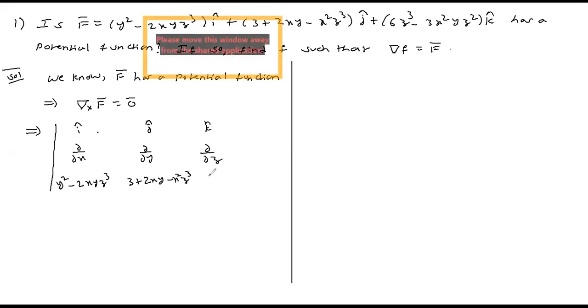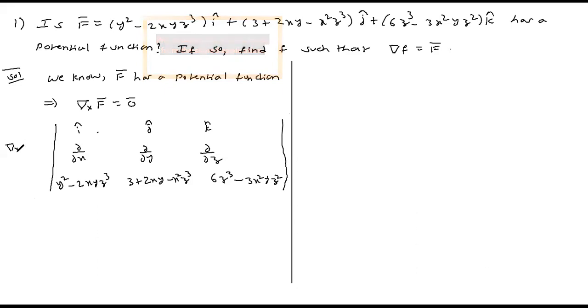Third component is 6z cube minus 3x square y z square. Is it okay? So let us find out del cross f bar.